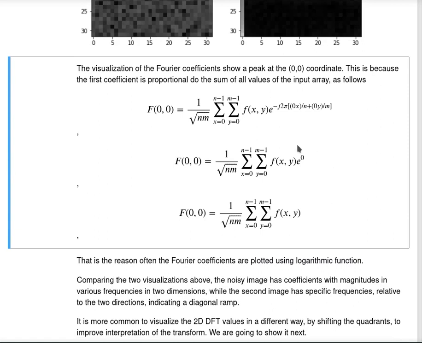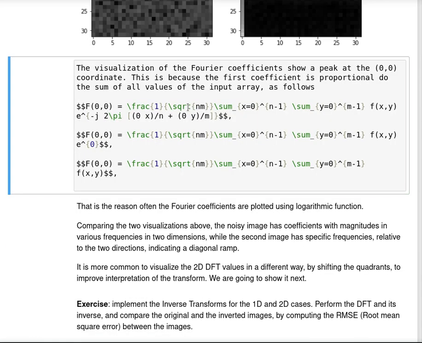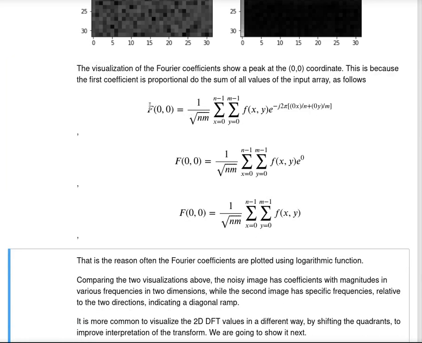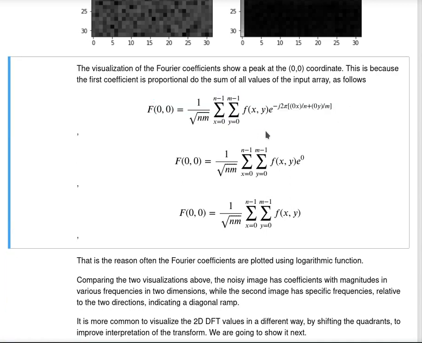This is because when we compute the coordinate 0, 0, this coefficient is actually the sum of all values in the input array. If we use the definition of the Fourier transform and substitute the values of u and v with 0, because 0 is a product, we have a product between 0 and all values here, and 0 and all values here.